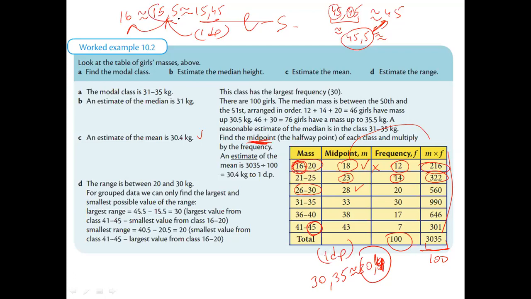So I can write 15.5 in place of 16, because we need the largest range. 45.5 minus 15.5, the answer is 30.